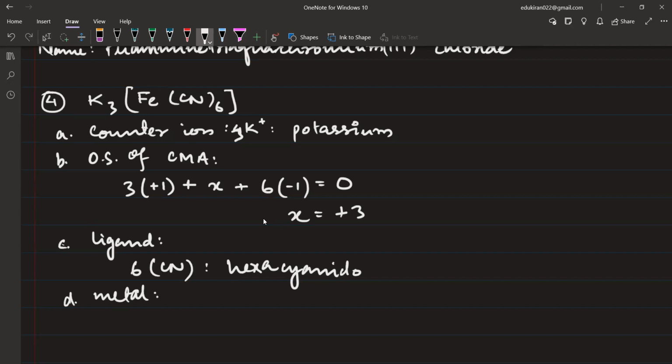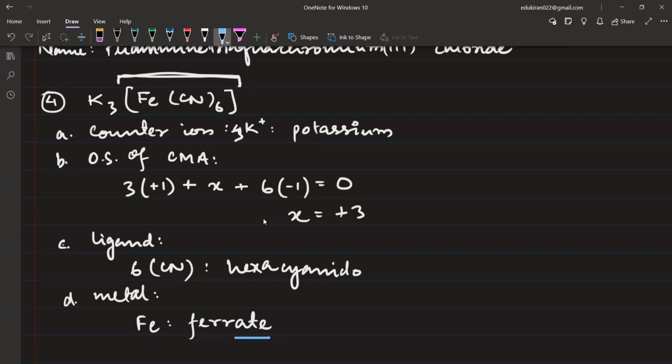When the complex ion is anionic, the metal is written and the ending is changed to -ate. For this, we will not write iron, rather Fe will be written as ferrate. When the complex is anionic, the metal ends with -ate. It will be ferrate now.